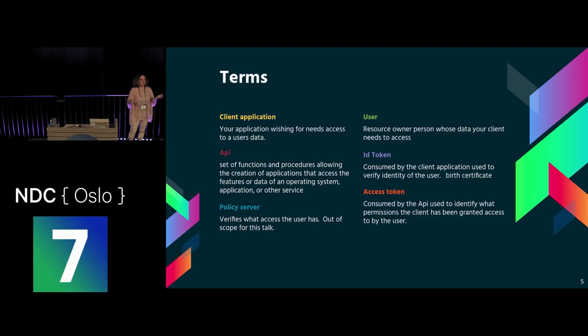Then we have the main difference, the difference between an ID token and an access token. This is where a lot of people in the start misunderstand the two different things. An ID token you should think of as your birth certificate, or as the user's birth certificate. An ID token identifies the user who is physically logging into your application right now.